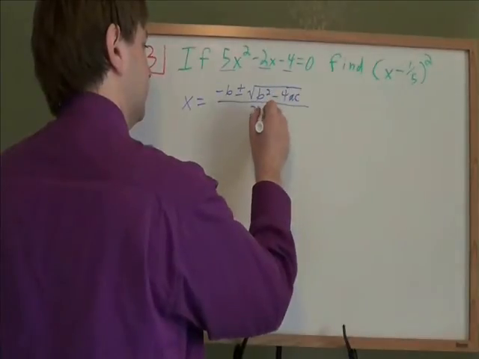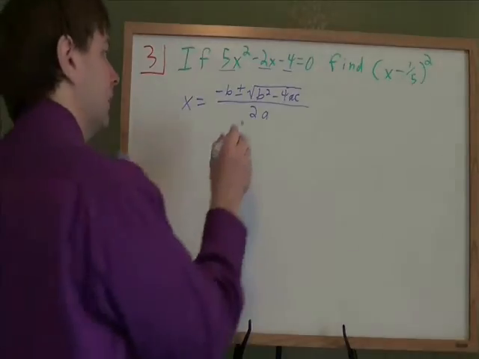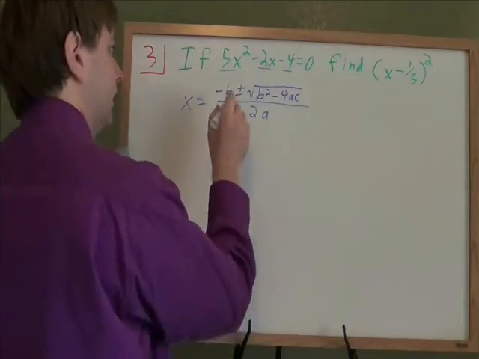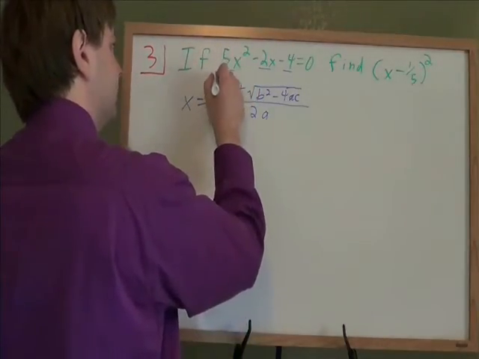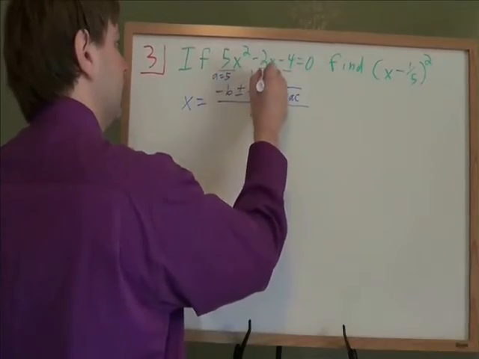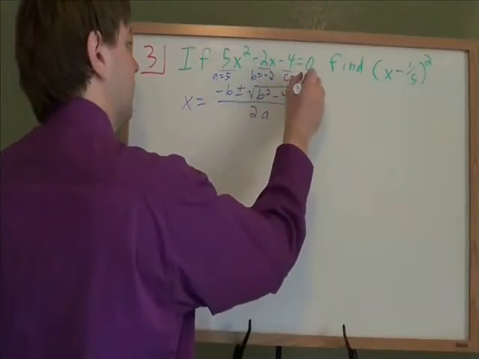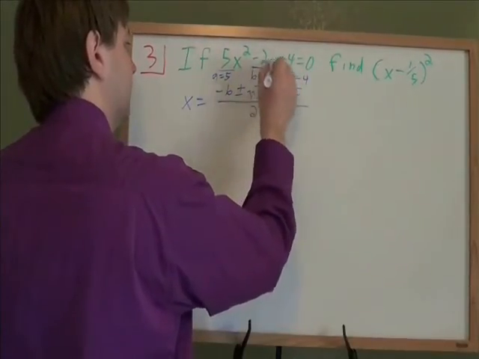And that's probably the longest formula you'll be expected to know in algebra. So, to work that out, our a will be that 5, the number right next to the x squared. Our b is negative 2, the number right next to the x. And our c is negative 4, that number by itself.